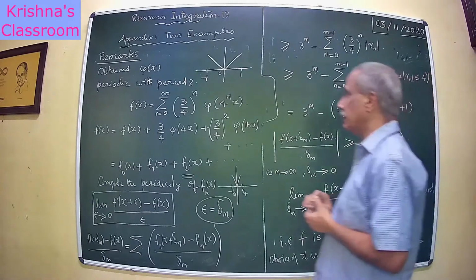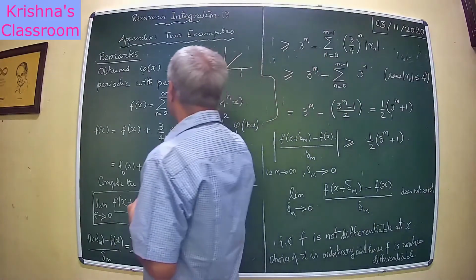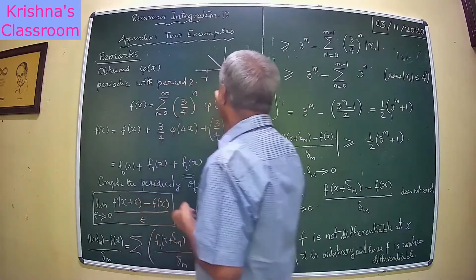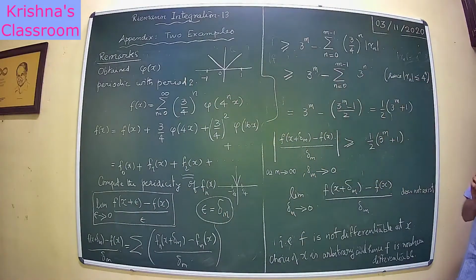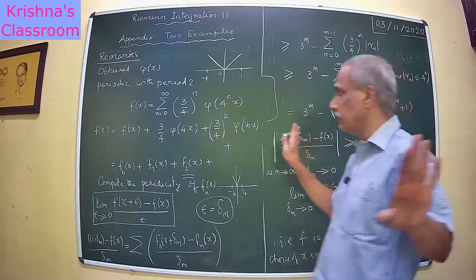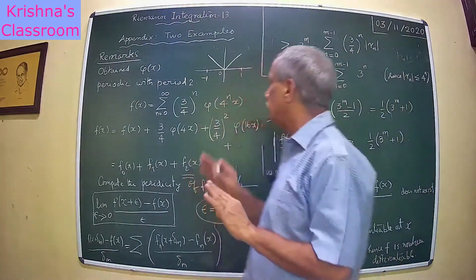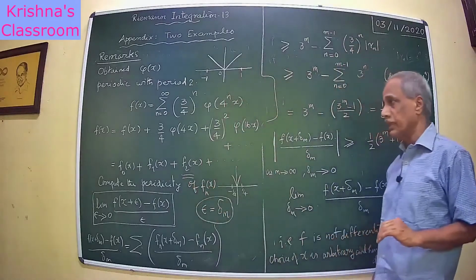We started with the function phi(x) = |x| on the interval -1 to +1. Then we extended this to the whole of R using periodicity with period chosen as 2.